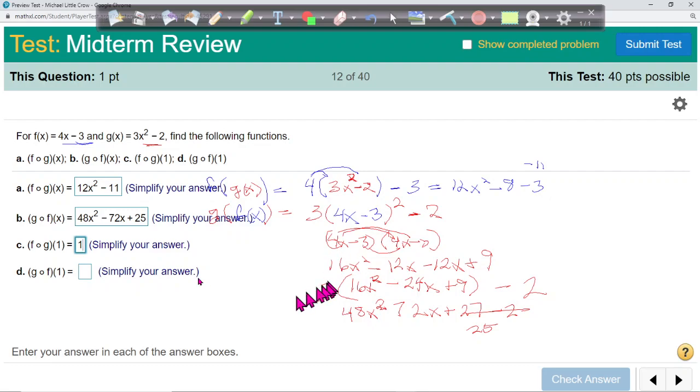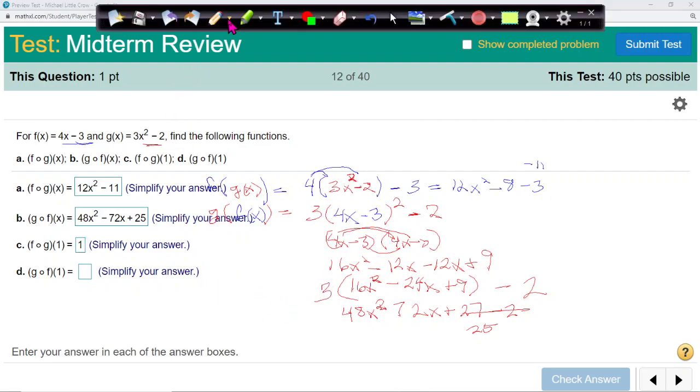Gonna need a little bit of help with that one. Probably writing down will be good. So what I like to do is take the positives, 48 plus 25, and that's going to give us 73. And then we subtract our 72. All right, plugging in 1 for each of these.